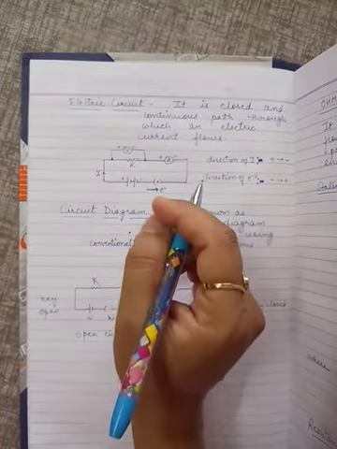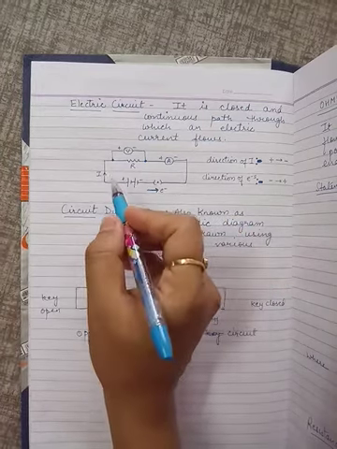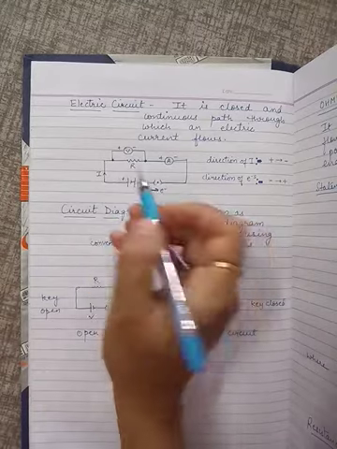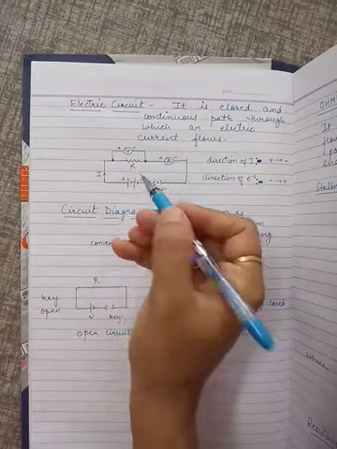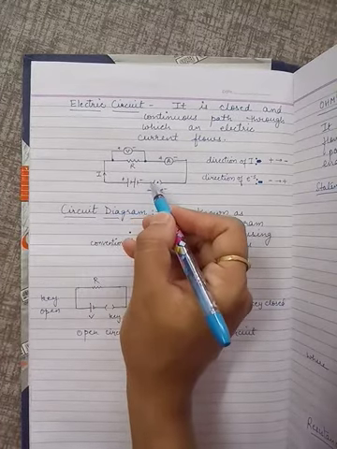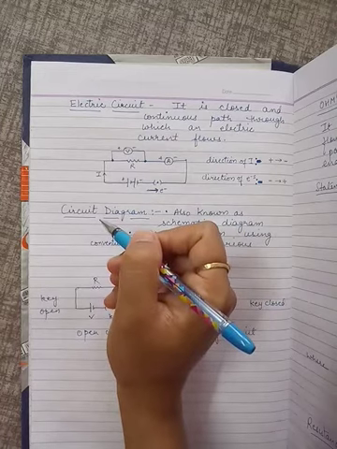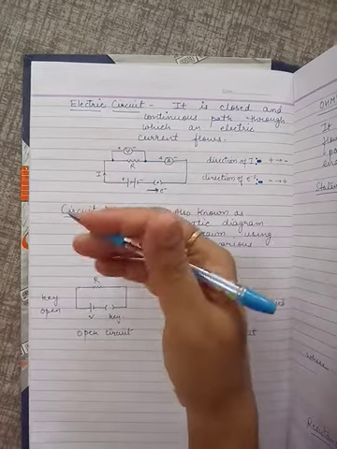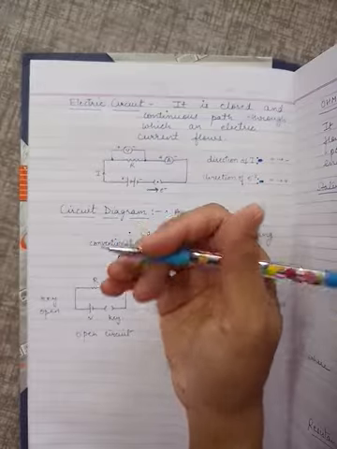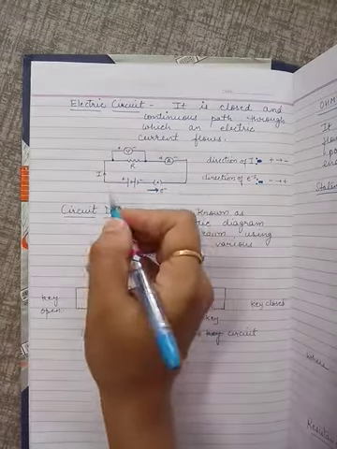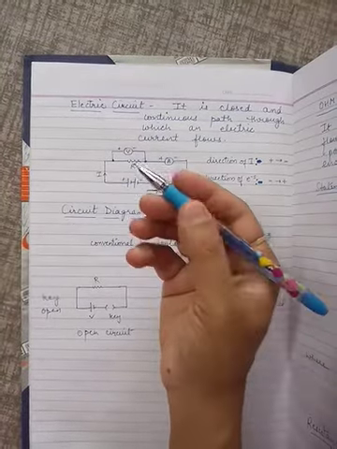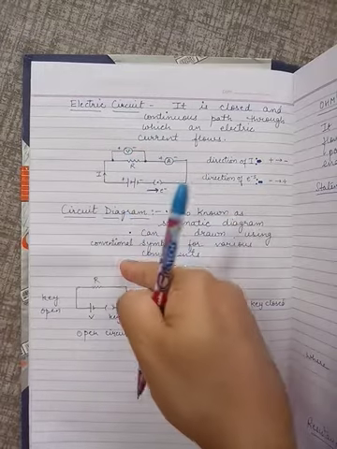The convention was that current direction we will always consider from the positive terminal of the battery towards the negative terminal of the battery. Convention means it was a rule, made at that time, and that convention is being followed till now.